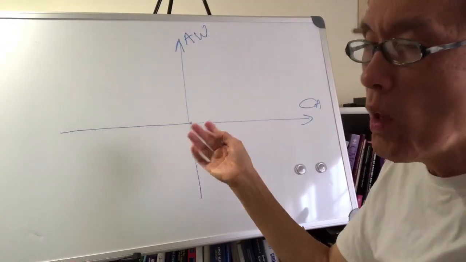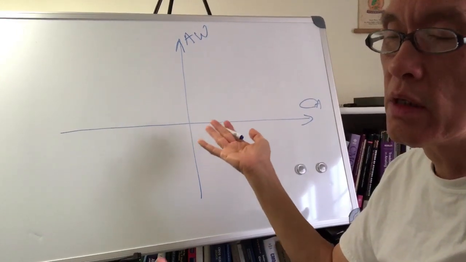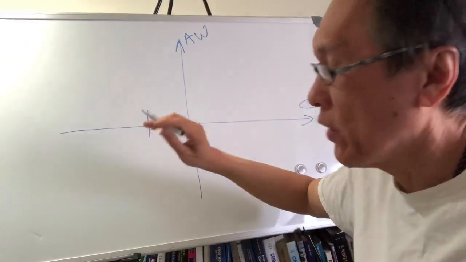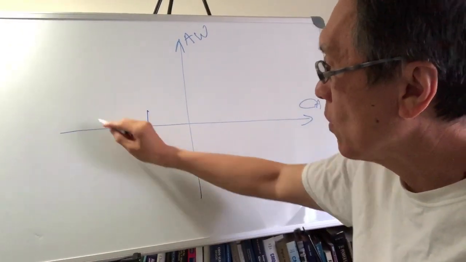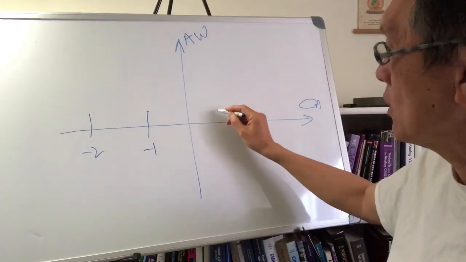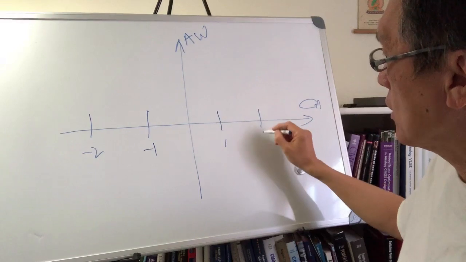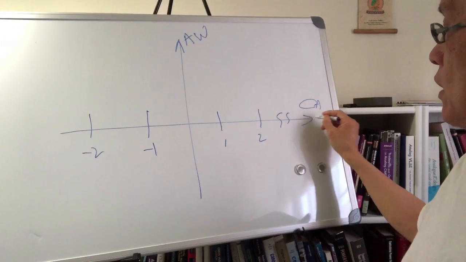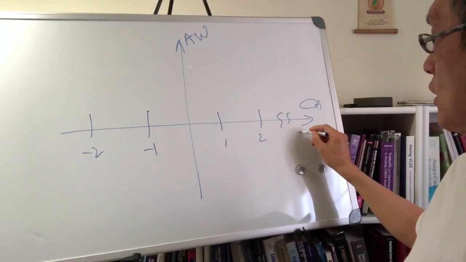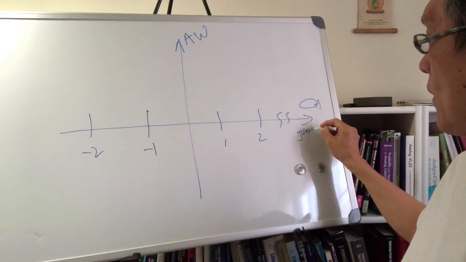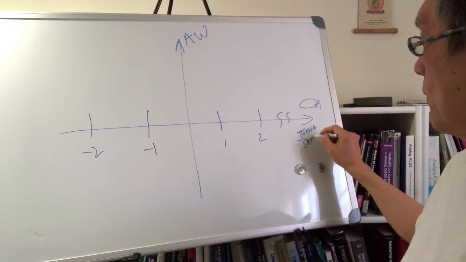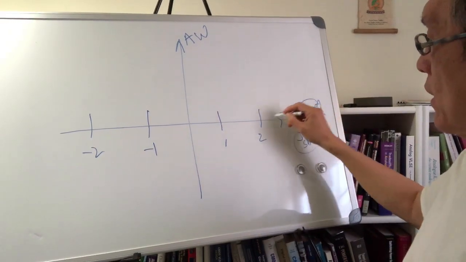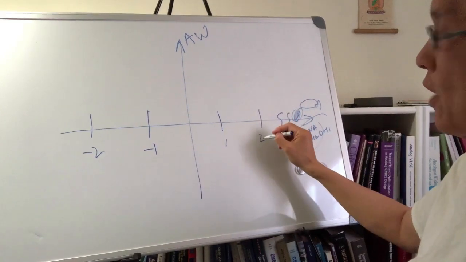Now, we want to set a number for this calmness and awareness map. For example, this is -1, -2, this is 1, this is 2, and then you can go far away, where it is really calm. Say this is the jhana state or the samadhi state. It's far here, and far away from the calmness too.